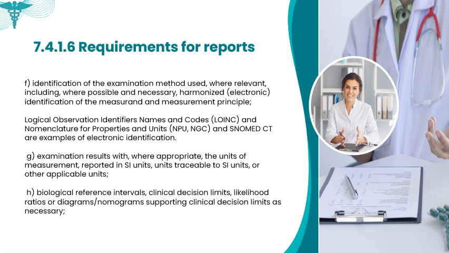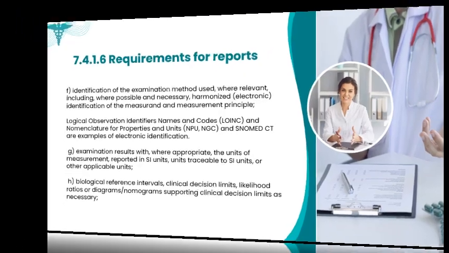Examination results, with appropriate units of measurement, reported in SI units, units traceable to SI units, or other applicable units. Biological reference intervals, clinical decision limits, likelihood ratios, or diagrams or nomograms supporting clinical decision limits, as necessary.